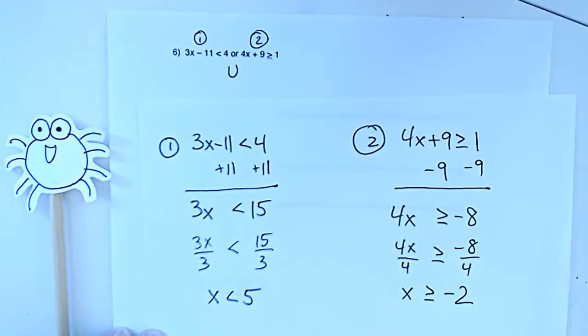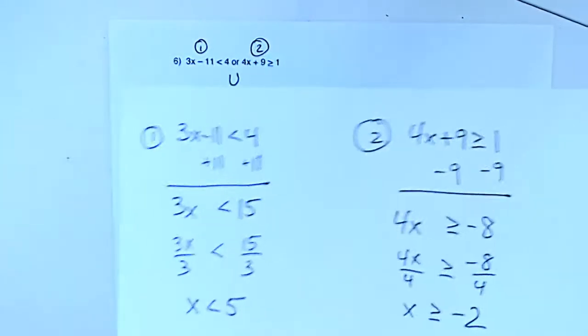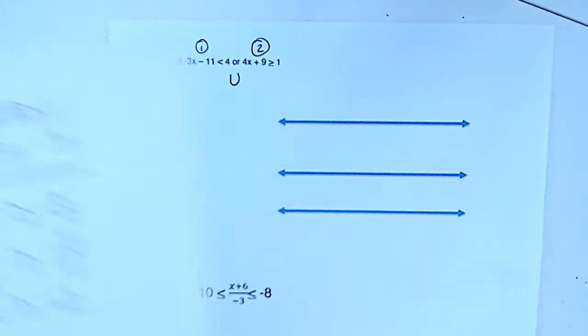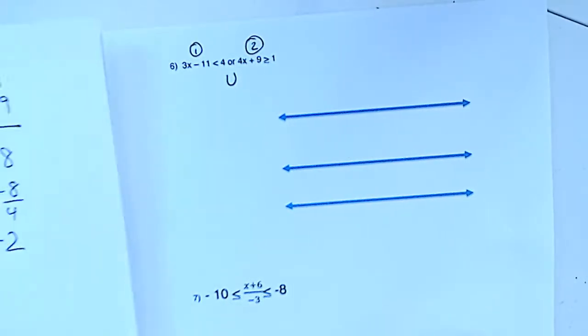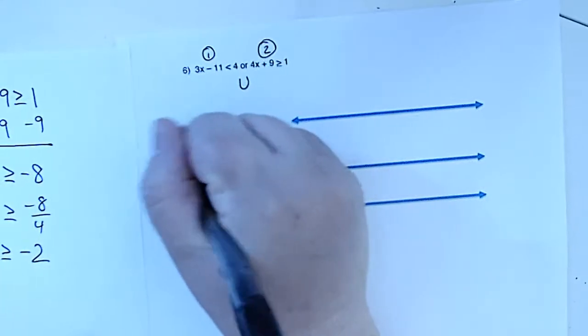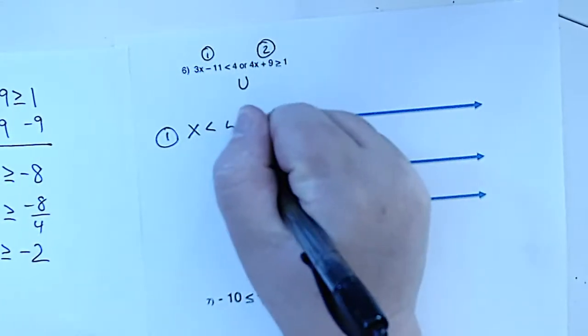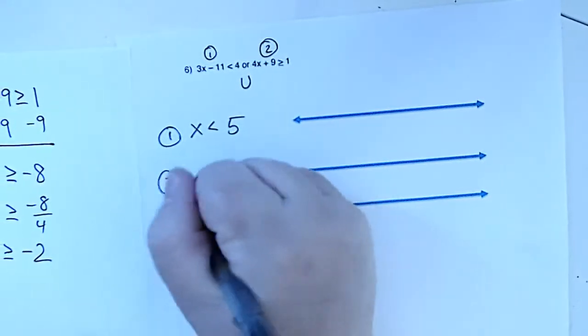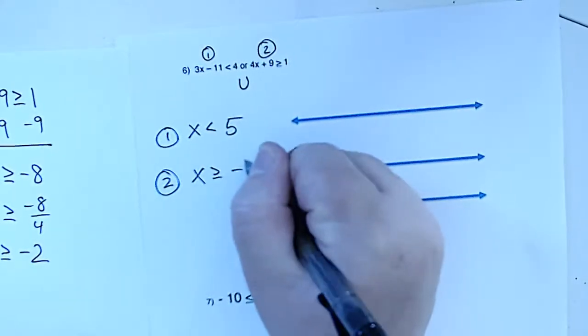Awesome, awesome. So these are the simplified forms that I'm going to put back onto this. You're going to have to remember this because I don't think I can fit them all together. It's complicated. So right here, number 1, I'll rewrite, was x is less than 5. Number 2 was x is greater than or equal to negative 2.